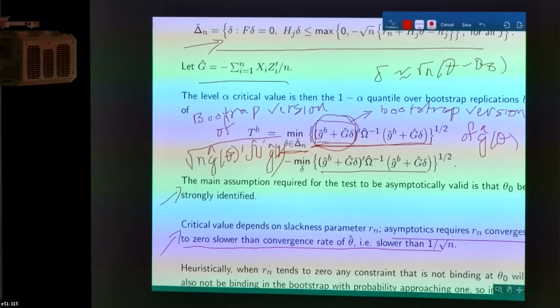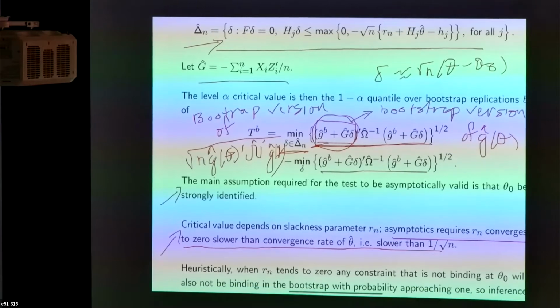Actually, though, because Rn is going to zero, if we go back and look at the restricted parameter space up here at the top, Rn is going to zero. So in the limit, the restrictions that get imposed in this bootstrap critical value are exactly the restrictions that hold in the data. Because with Rn going to zero, the only thing that shows up is this h of theta hat minus hj, which is whether the restrictions are satisfied in the data.